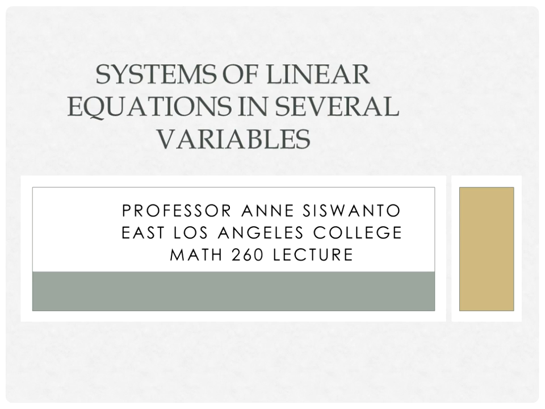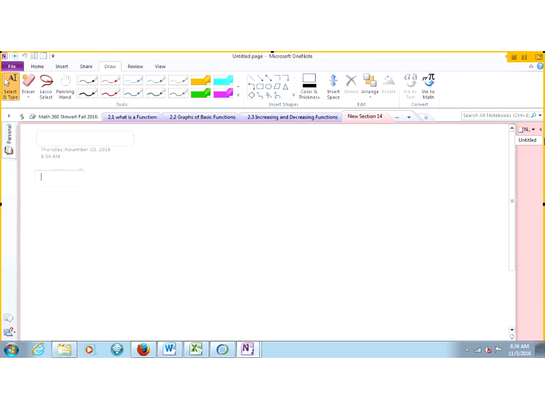It's a 3 by 3, 3 variables, basically. All right, so let's start. 9.3 is systems of linear equations, or LE. I'm going to write LE in several variables.